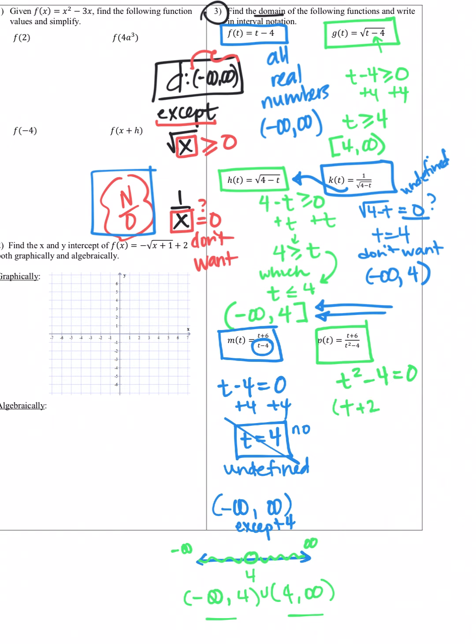This is the difference of 2 squares, so it factors to t plus 2, t minus 2 equal to 0. And there's a zero product property that says t plus 2 equals 0 or t minus 2 equals 0. And so that's going to get us t equals negative 2 and t equals positive 2. And those, again, are things that we don't want because we're undefined there.